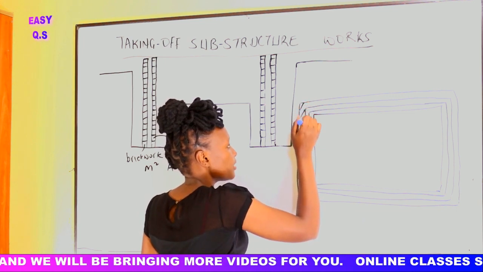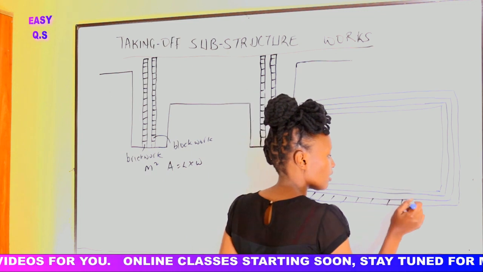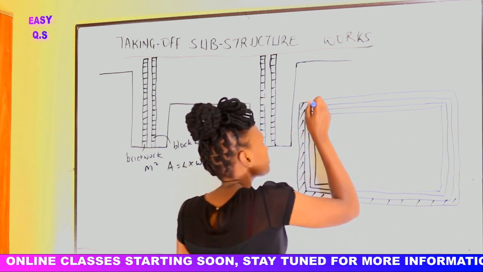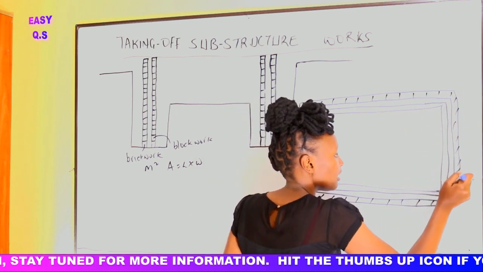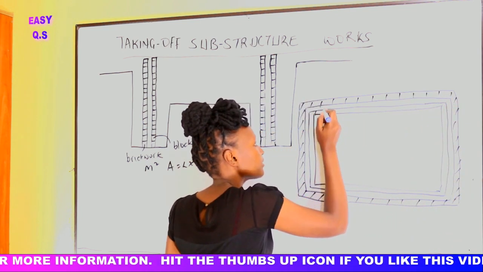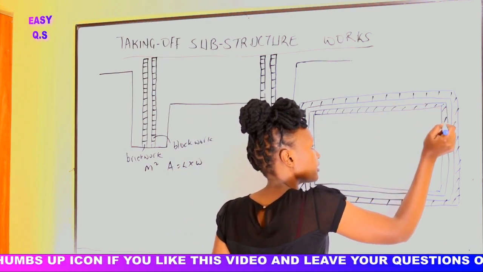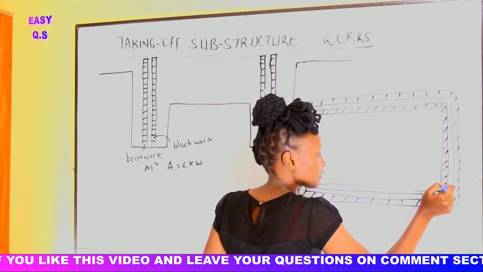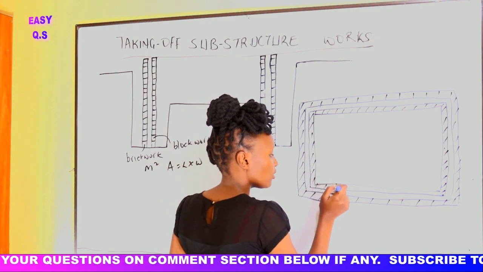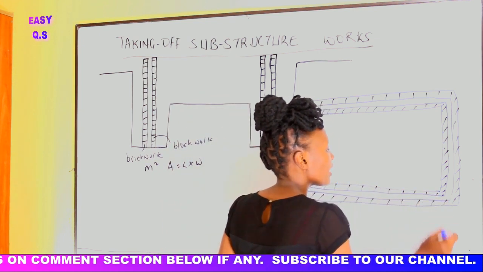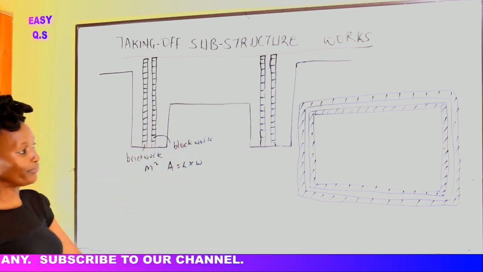So this is the brickwork outside here. Then brickwork. Then we have the blockwork inside here. Blockwork. Now that we have the brickwork and the blockwork inside the plan, that is the plan and this is the section.